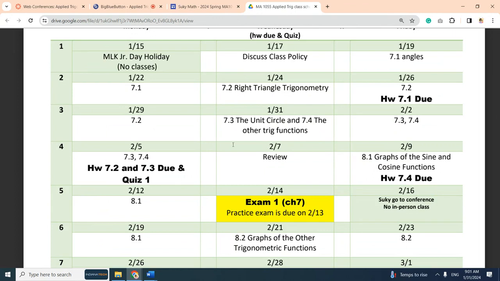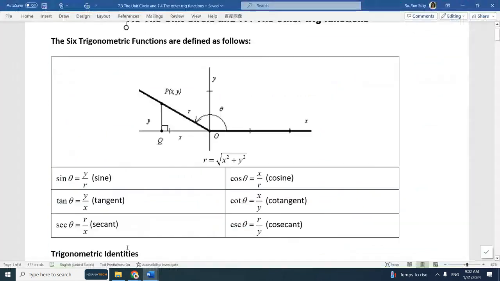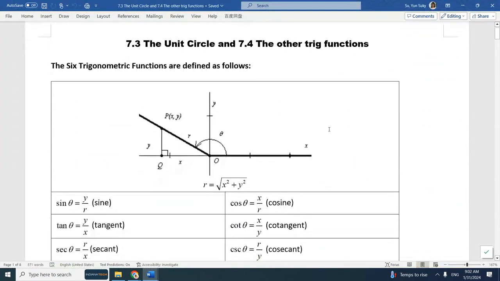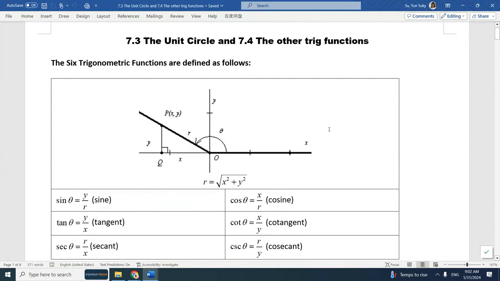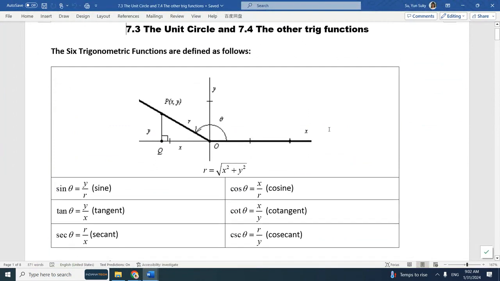Quiz 1 is going to be about 7.1 to 7.3. Today we're going to work on 7.3, the unit circle, and 7.4, the other trig functions.